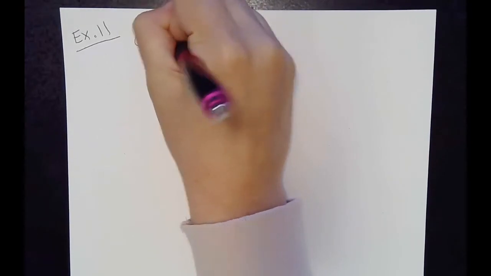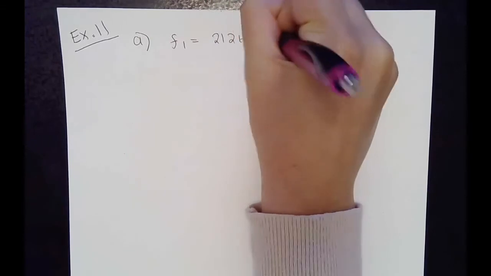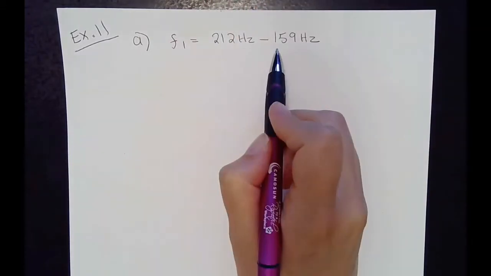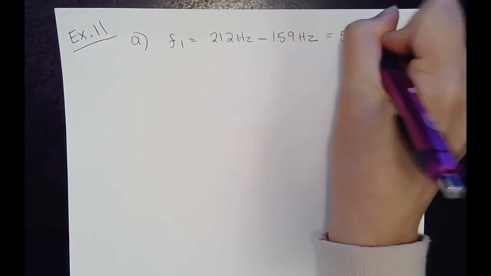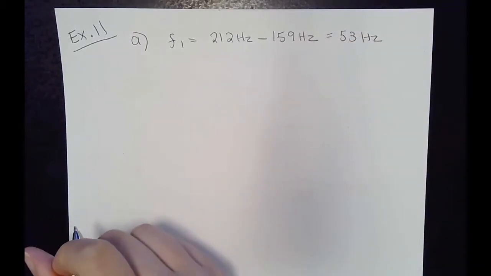Okay, we have two successive harmonics. We don't know which ones they are yet, but we can subtract them since they're successive to find the fundamental frequency. So 212 Hz minus 159 Hz, which is 53 Hz. And that's the fundamental frequency.